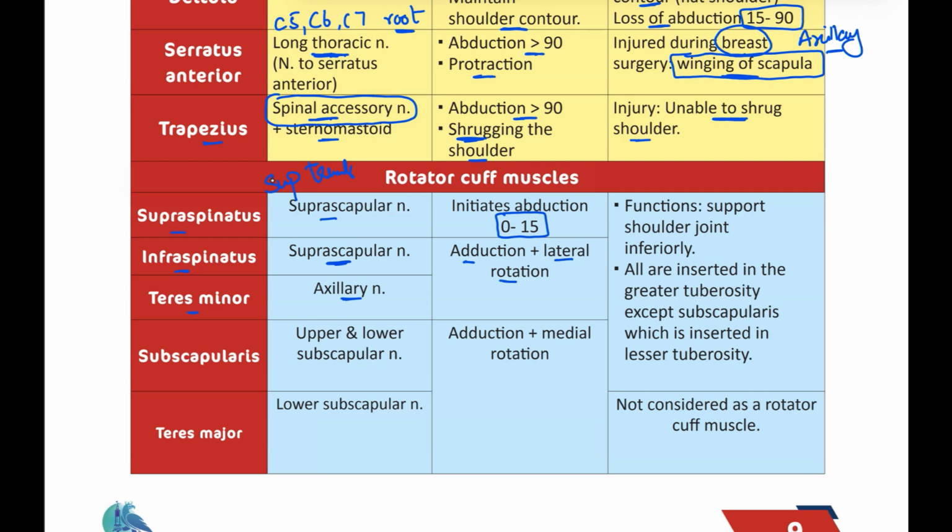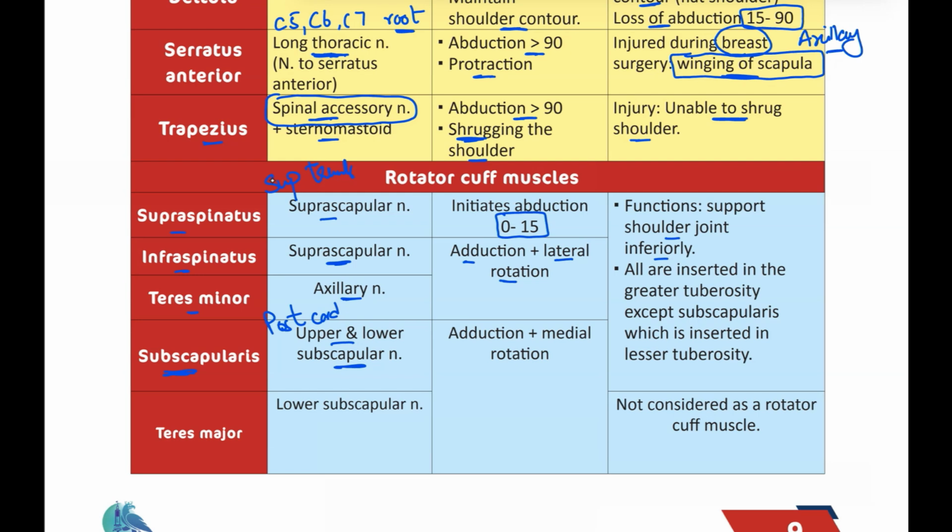So why are they going to cause lateral rotation? Because they are present on the posterior aspect. So when they rotate, the shoulder will move laterally. Now they support the shoulder joint inferiorly. All of these four muscles include the subscapularis, which is present anteriorly, and the upper and lower subscapular nerves, which are given from the posterior cord, are going to supply the subscapularis.